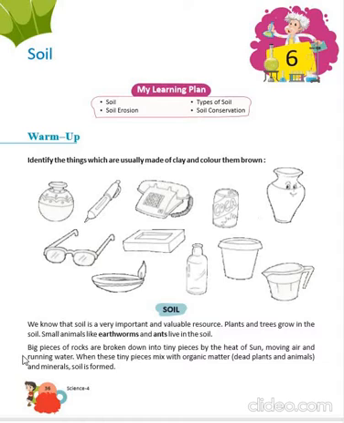Big pieces of rocks are broken down into tiny pieces by the heat of the sun, by moving air, or by running water. Then these tiny pieces mix with dead plants, animals and minerals.